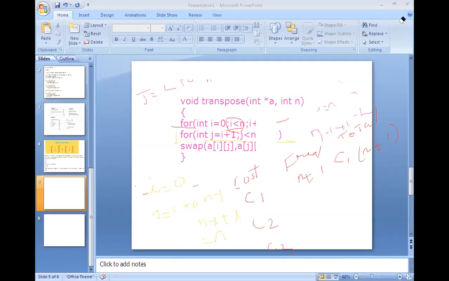When i value is n, j repeats up to 1. So that is the sum of the series of n numbers, and we get the value n into n plus 1 by 2. So we get C2 into n into n plus 1 by 2.